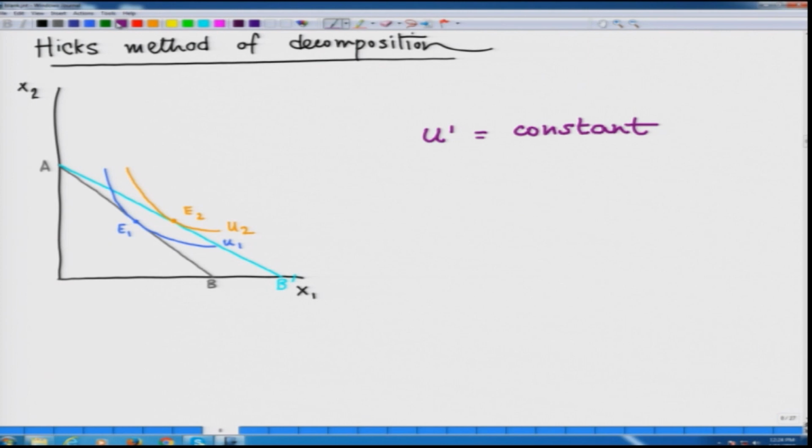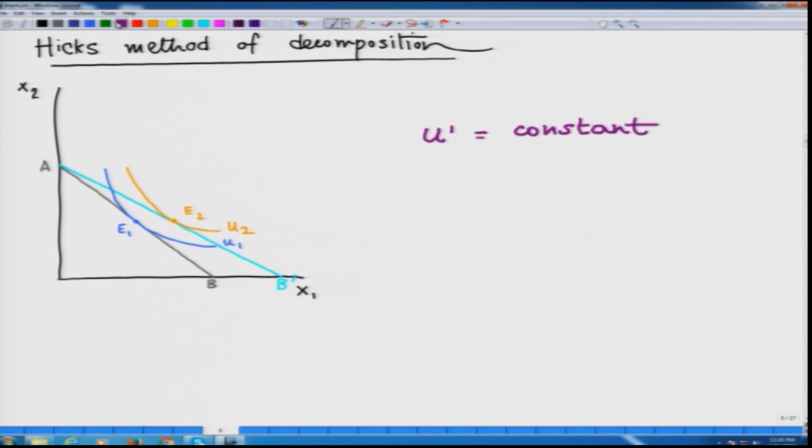So, Hicks suggested that we take out some money from the consumer's pocket, because the consumer is now facing a lower price level, and if we take out some money such that the consumer is brought back to the initial utility level, we are talking about a parallel downward shift of the budget line.